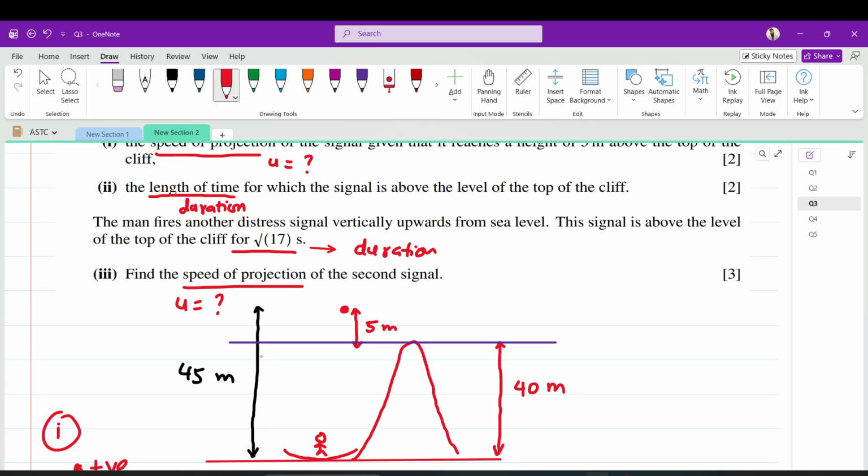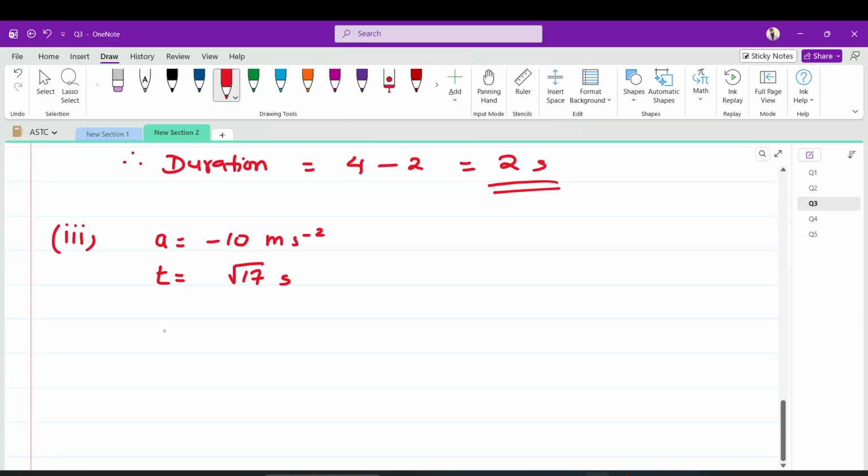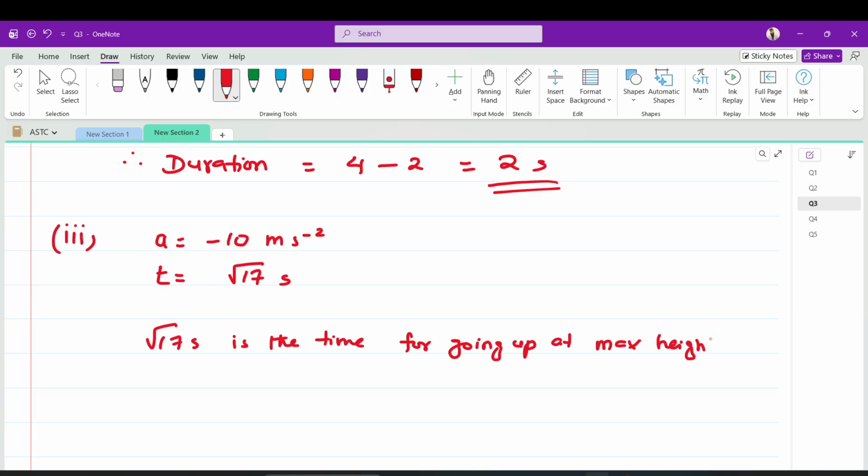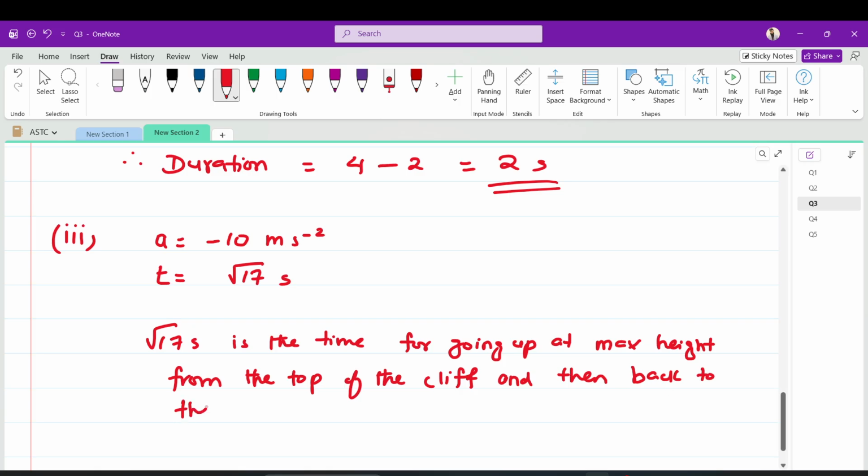So what we can say here is that root 17 is the time for going up at maximum height from the top of the cliff, and then also coming back, and then back to the top of the cliff.